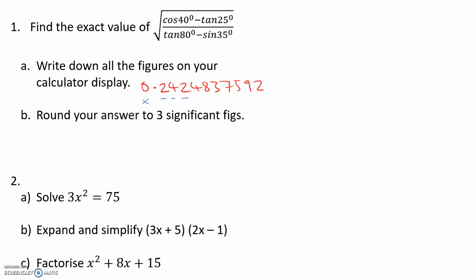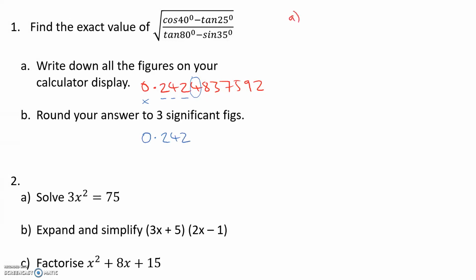So we want 3 significant figures. They're the ones we're going to quote. That makes this my decider. So my decider tells me whether to round that 2 up. Because the decider is 4, not 5 or more, we're not going to round the 2 up. So 3 sig figs, we've got 0.242. Done.